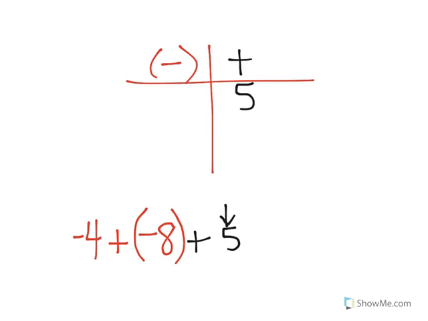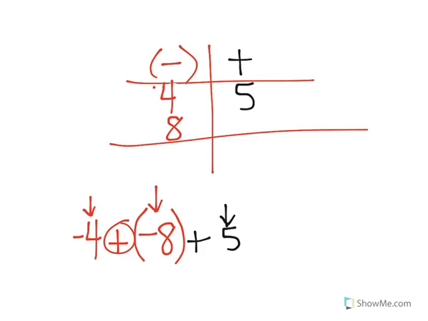The negatives scored 4 points, and they also scored 8 points. All together, the positives scored 5, and the negatives scored 12. This right here shows my final points.